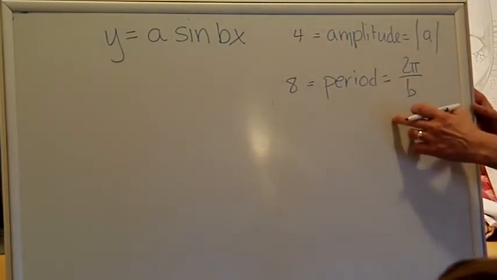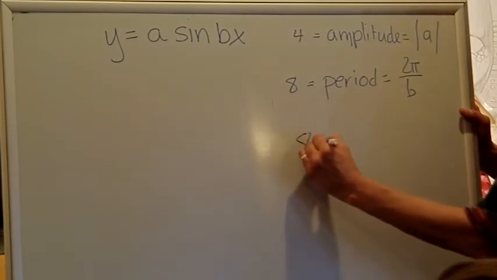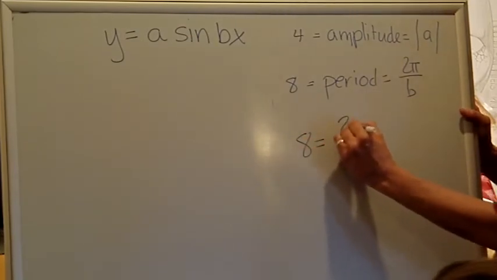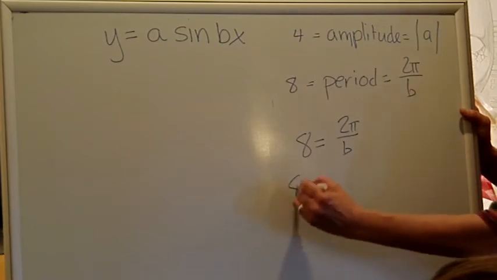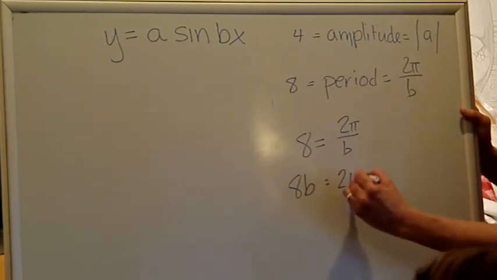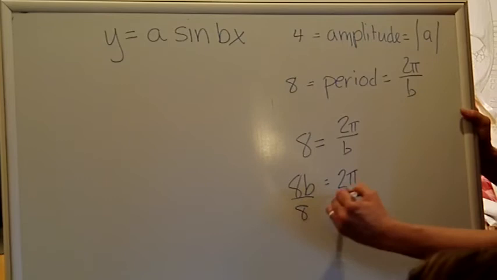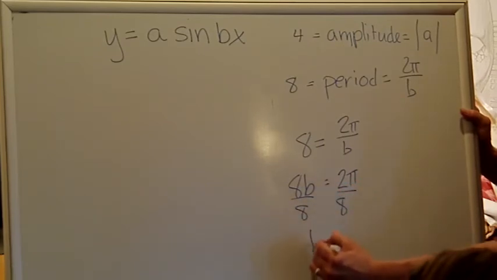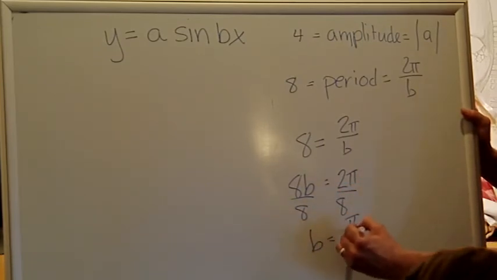So this is where I need to work. I need to know what B is. So I say 8 equals 2 pi divided by B, which means 8 times B equals 2 pi. B equals pi over 4.